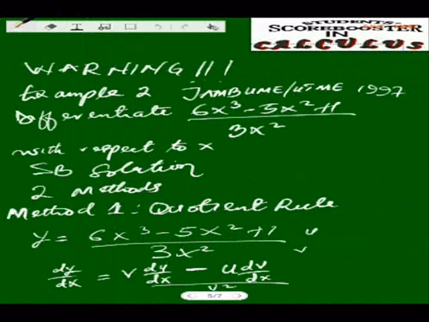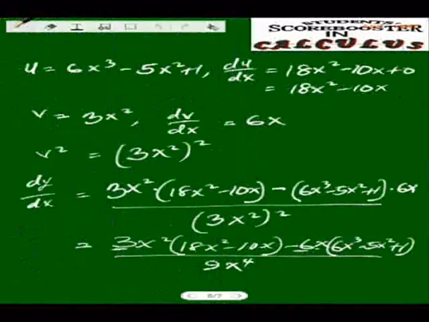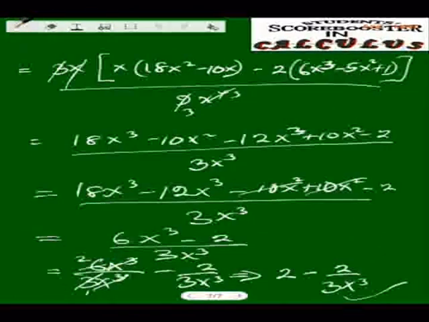Let us say I have used about roughly 2.5 pages. Let's try another method, method 2. Which method you use is up to you. You can use any one.